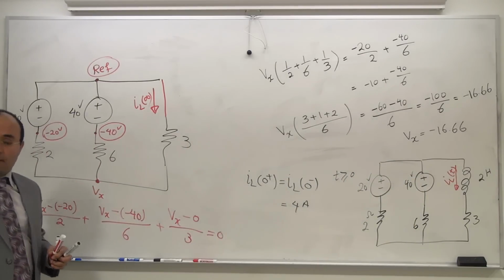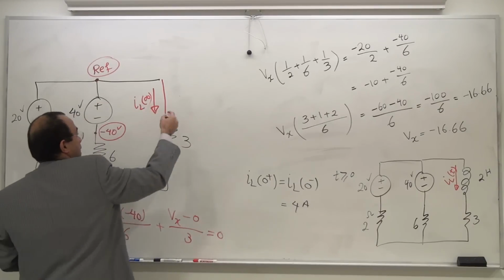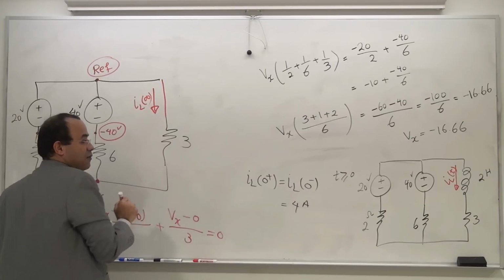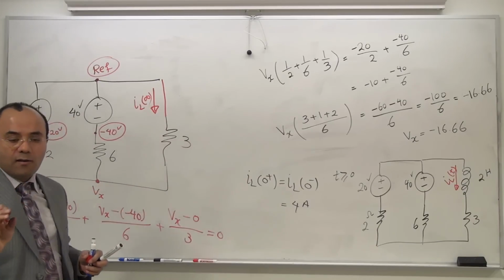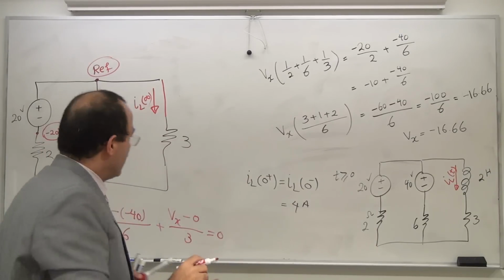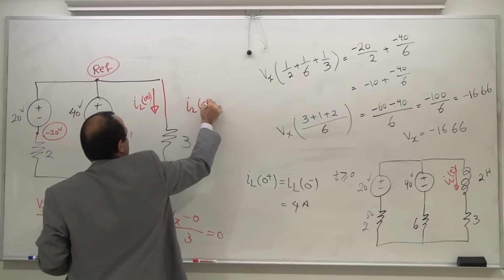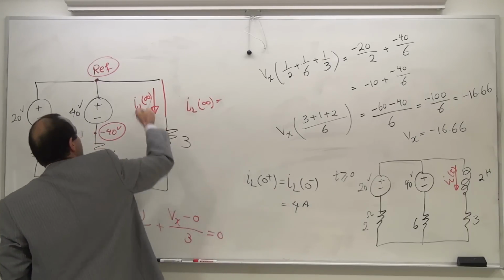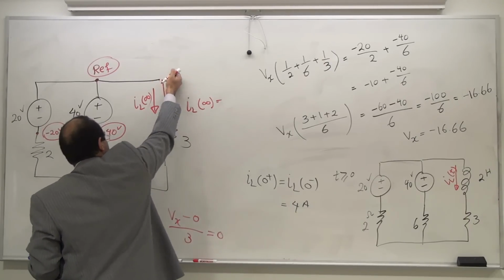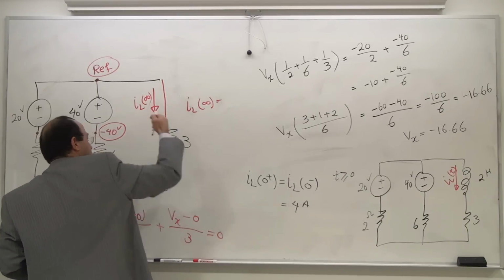What am I trying to find? I'm trying to find IL. The direction assigned to me is this way. Remember Ohm's law. If the direction is this way, then IL of infinity, or this current, is going to be this polarity minus this polarity divided by 3.